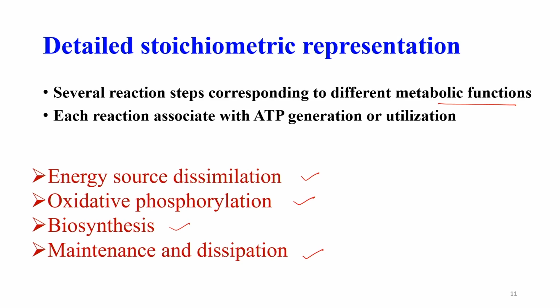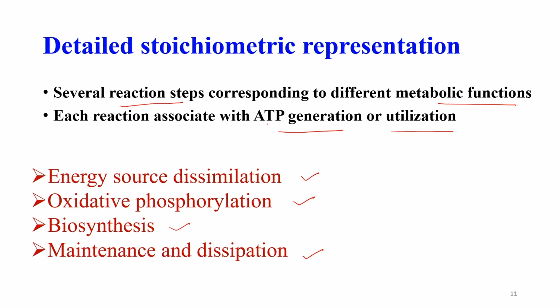And when we say pathway, it means they are sets of reactions, and these reactions are either associated with ATP generation or ATP utilization. If they are exothermic, they will release energy in terms of ATP.